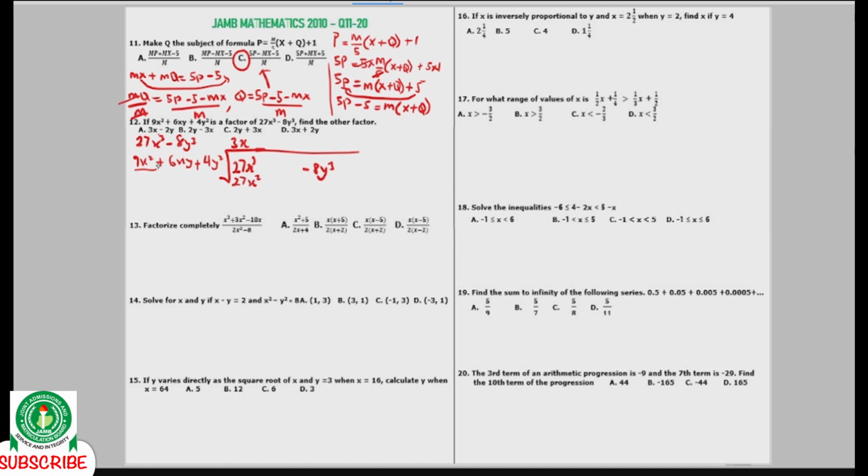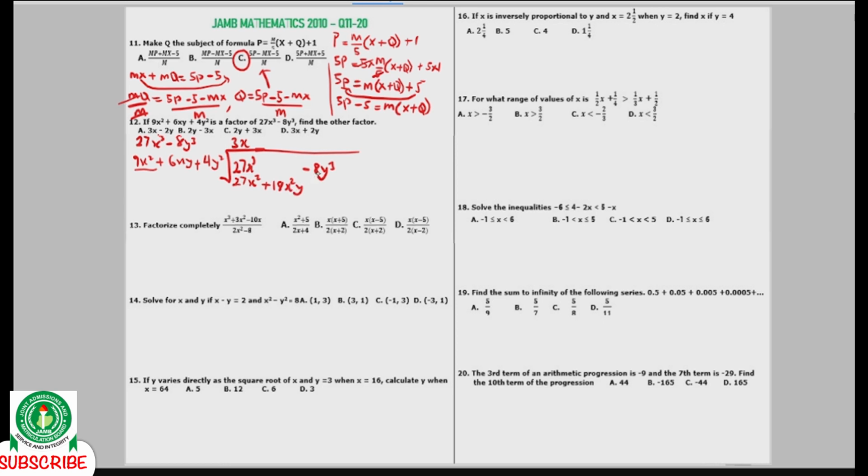The second term here is plus, so plus 6 times 3 will give you plus 18. Then x times x will give you x², and then you put y in front.